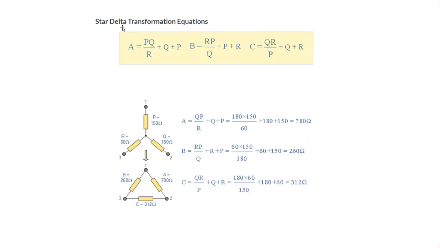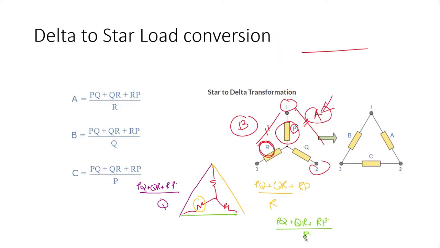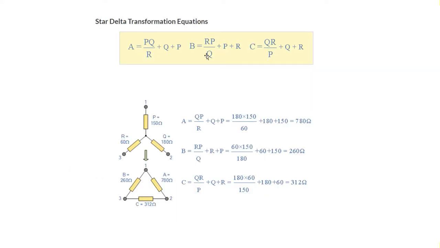This is the simplified formula, cancelling out these terms. If we have P here, this P cancels out with these, so we get QR by P plus Q plus R.